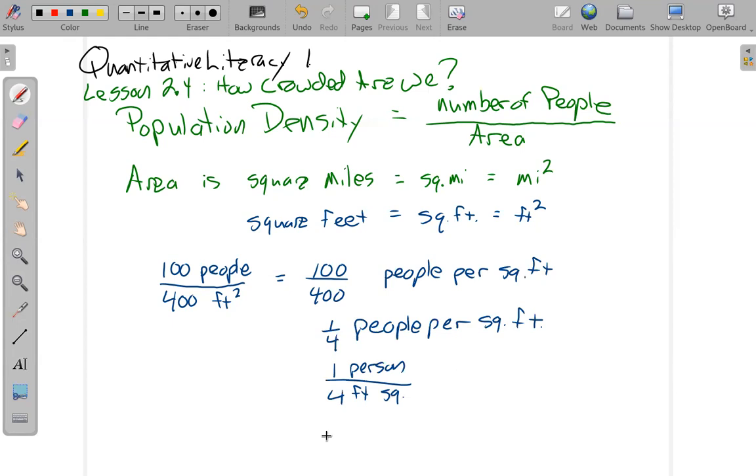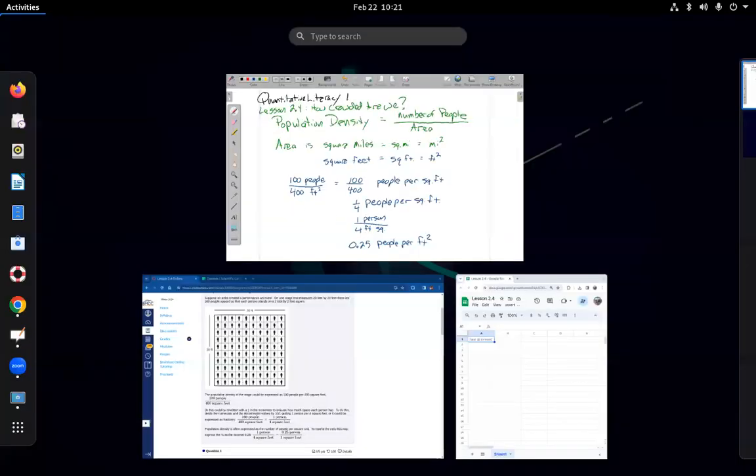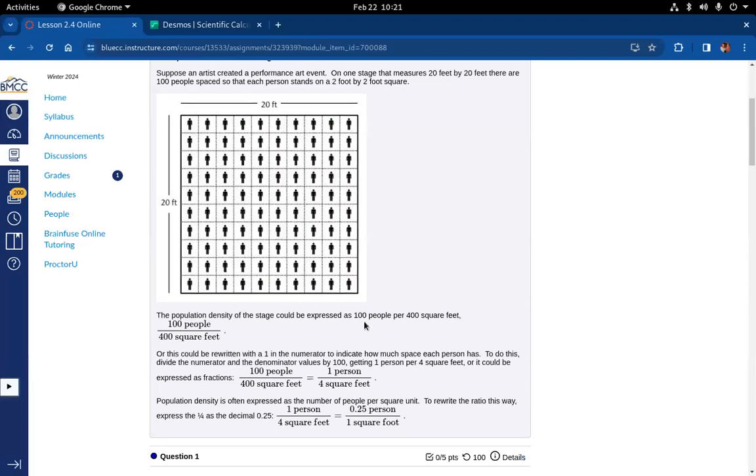If you plug it into your calculator, you'll see that's 0.25 or 25 hundredths. And again, people per square foot or foot squared. So there's a few different ways to view a population number like that. The original numbers in division, or we could clean that up and write it as a unit rate, which is what this last one is, where the denominator is 1.